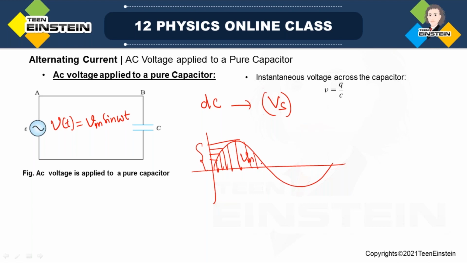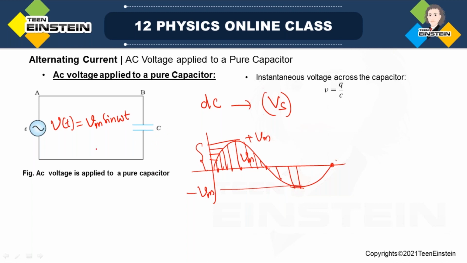You can see at any instant these are the values. It increases up to the maximum, then decreases again and goes to zero. On the negative side it is also symmetric: this is minus Vm, this is plus Vm. It reaches the maximum in the opposite direction and again decreases to zero. So this is how the voltage is varying.